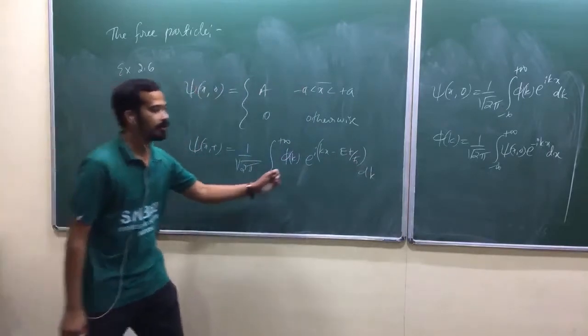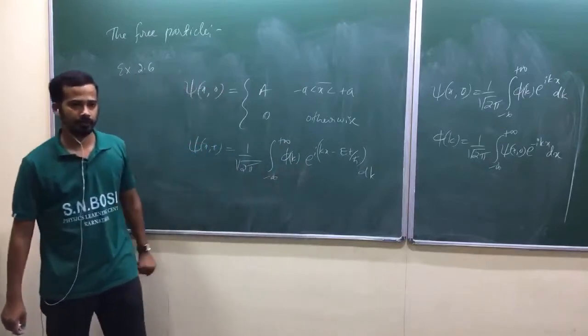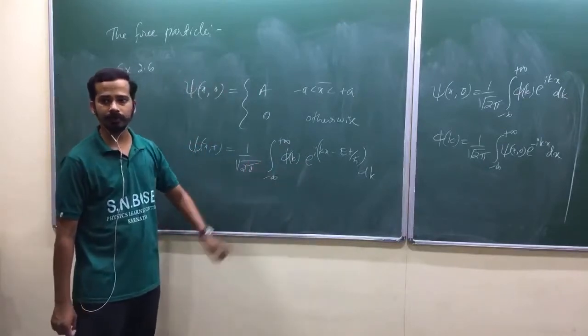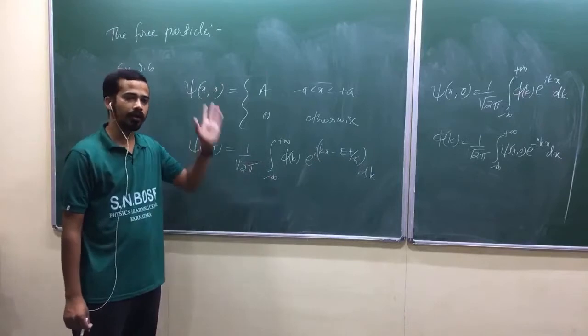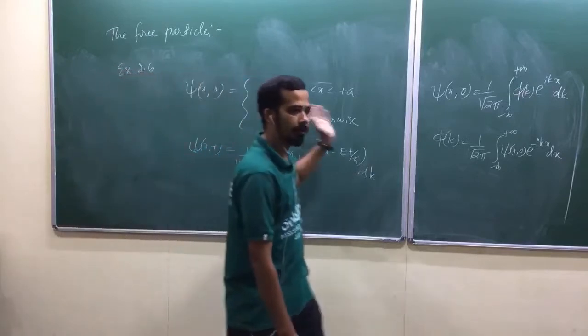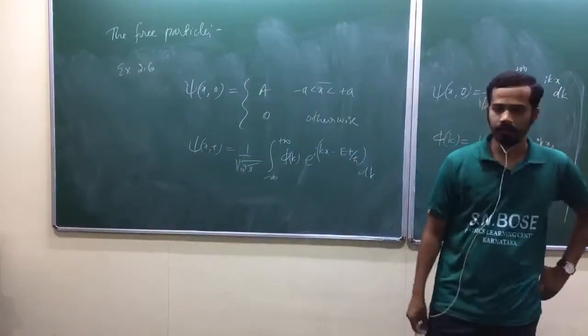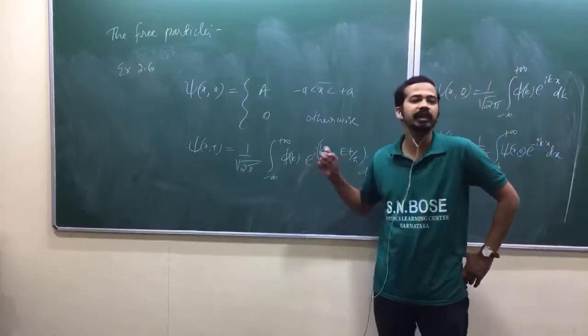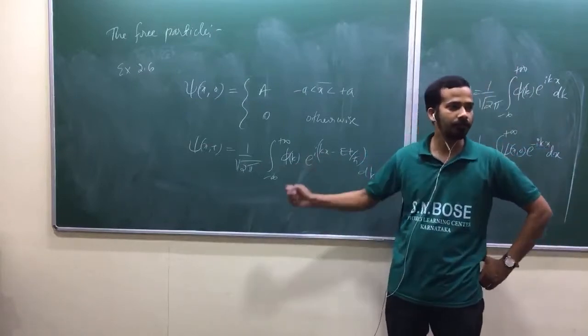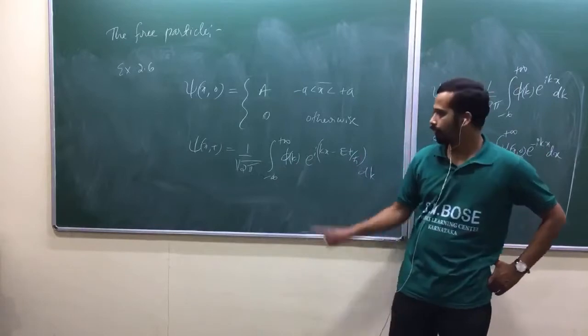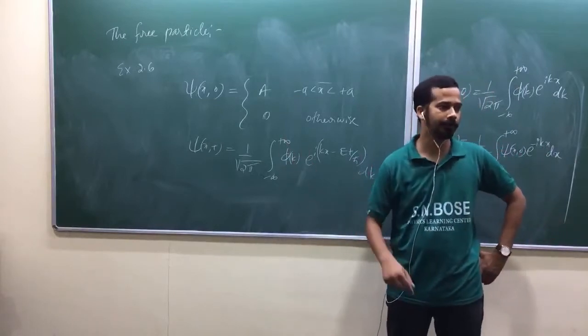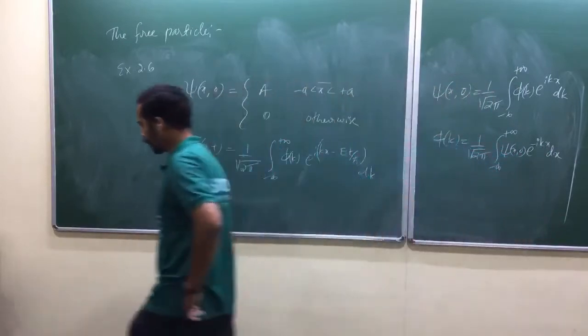But look here, this coefficient is unknown. Just recall your earlier problem of the particle in the box. Linear combination meant you found the Cn, am I right? Similarly, you have to find phi of k here. To find psi of x comma t, you have to find phi of k. Is that clear?